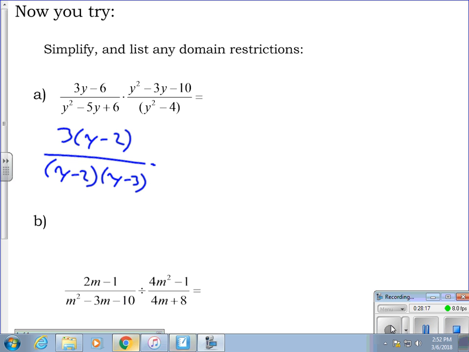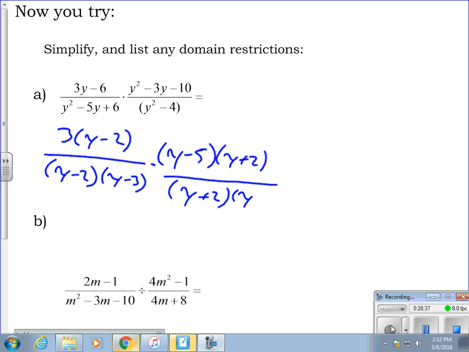Times 2 numbers to give me 10, subtract to give me 3, y plus 5... my bad, y minus 5, y plus 2 over y plus 2, y minus 2.